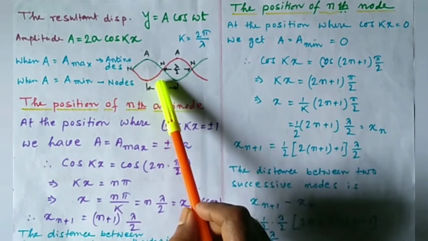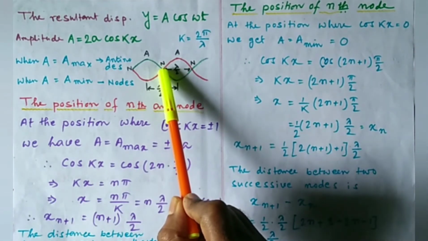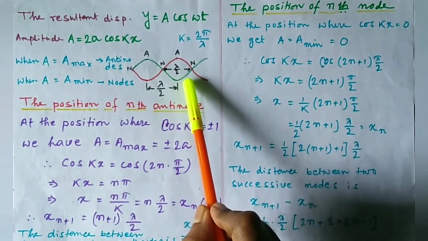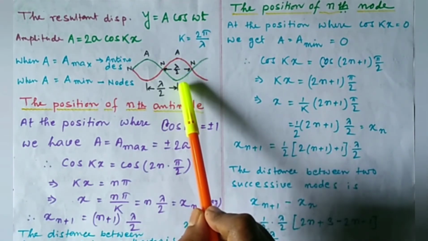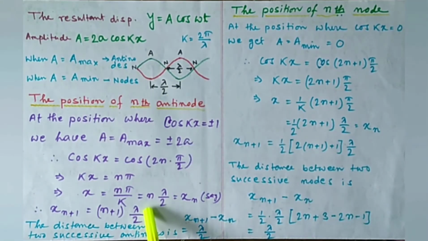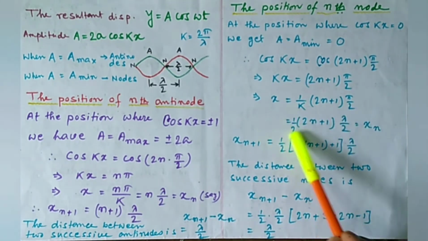We have also pointed out in the previous lecture that the distance between the node and its nearest antinode is equal to lambda by 4. Now we will find this mathematically. For that, we will subtract the position of nth antinode from the position of nth node.